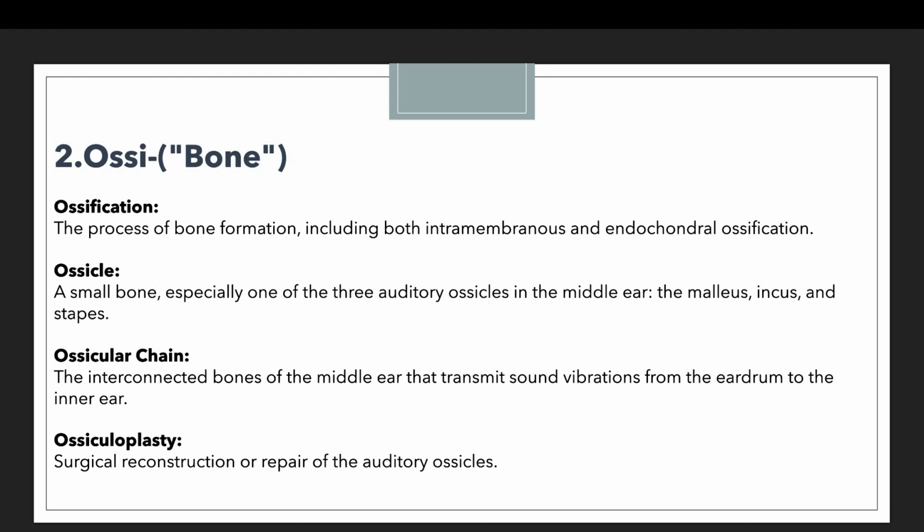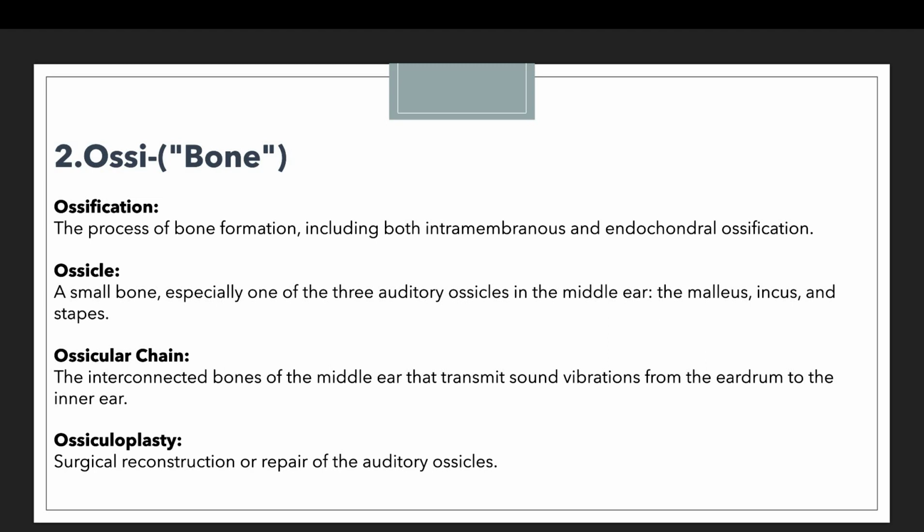What is ossiculoplasty? It's a surgical reconstruction or repair of the auditory ossicles. Surgical reconstruction or repair of the auditory ossicles can be denoted with the medical terminology ossiculoplasty. Got it?